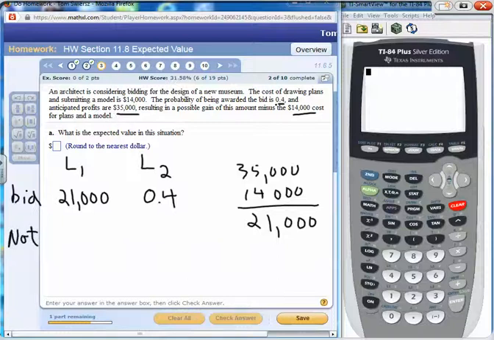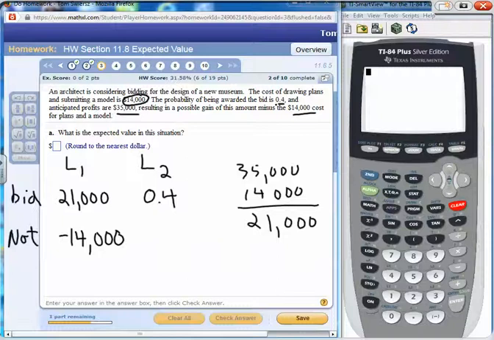Now, if they do not get the bid, then what happens is they had to submit the model for $14,000. They spent that money, they don't get any of it back. So actually the outcome is a negative $14,000. And now notice, either they get the bid or they don't, so the two probabilities add up to 1.